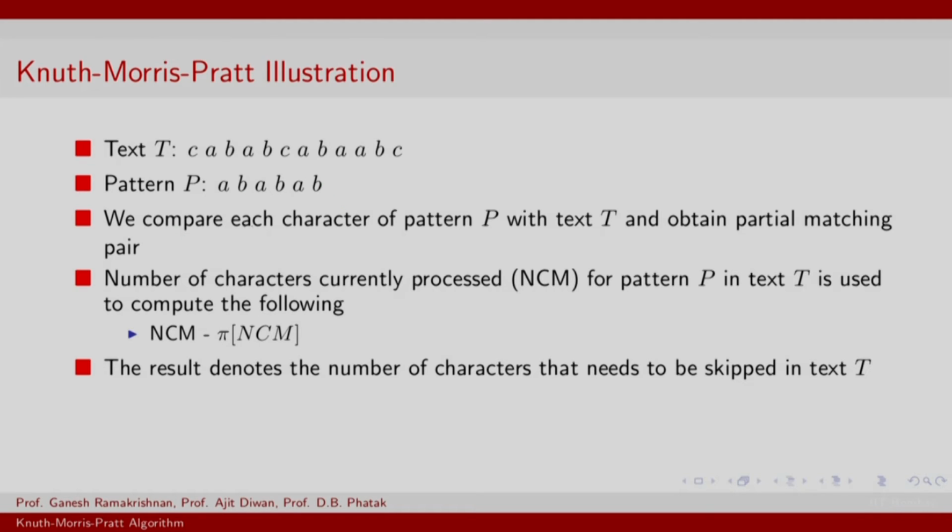So the idea is we compare each character of P with text T to obtain partial matching pairs, and we keep track of the number of characters that are currently processed or matched for pattern P in text T. So NCM stands for number of characters matched.